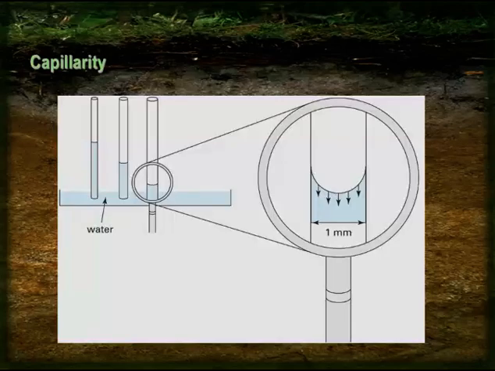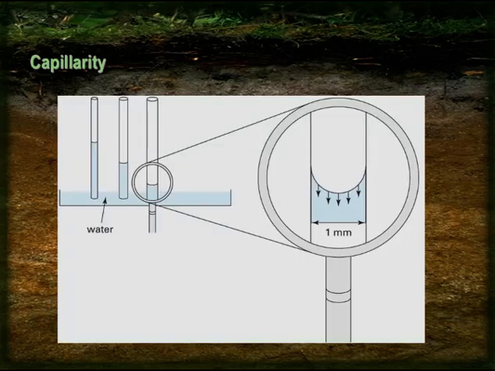Again, remember what capillarity is: it's about the size of the pore, so we can get rise in water depending on the size of the pore. Here we're looking at a tube, but as the diameter of the tube narrows, you'll notice that the force of adhesion and cohesion can pull water up higher than if the diameter is larger.